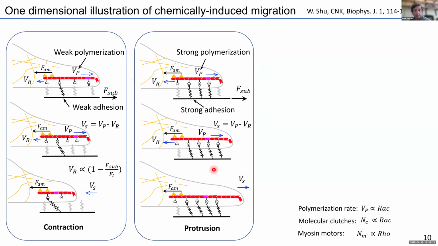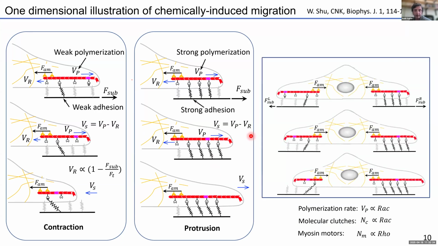And now when you put these two pictures together, you can qualitatively understand how the cell symmetry can break in the first place in the presence of Rac and Rho polarization, such that if there is a strong Rac signal here and a strong Rho signal here, then this part will be more inclined to protrude, and this part will be more inclined to retract.